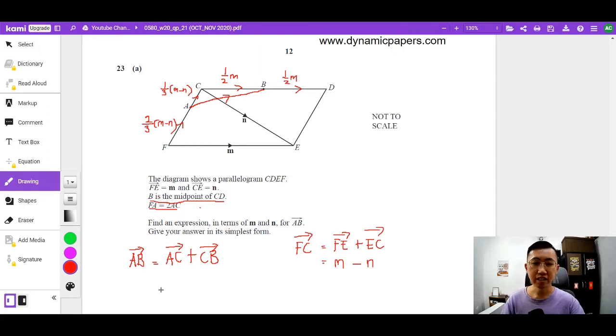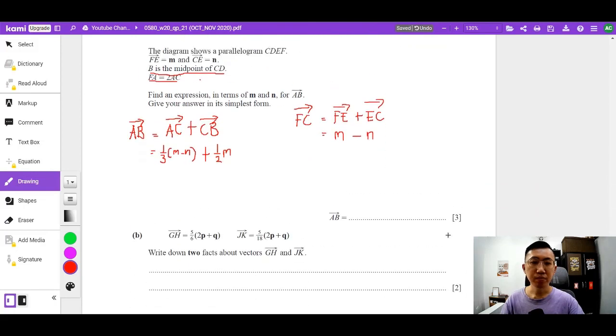Okay, so we can follow back this working. AC is already done filling up. Copy 1/3 bracket m minus n plus, what is your vector CB here? What is the denotation? So half m. Copy half m. Alright, so we need to expand and simplify. So 1/3 m minus 1/3 n, plus half m. Notice 1 over 3m, you need to add 1 over 2m.